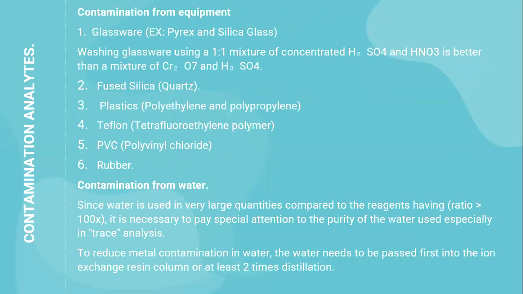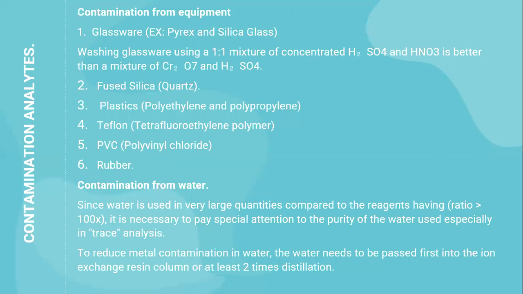And then contamination from equipment. Number 1 is glassware, for example, Pyrex and silica glass. We must wash glass using a mixture of concentrated sulfate acid and HNO3, which is better than a mixture of K2Cr2O7 and sulfate acid.